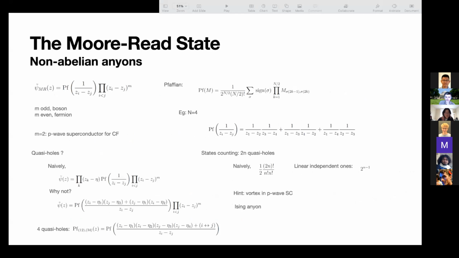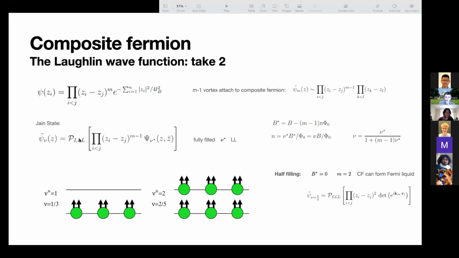Okay, so this Jain sequence is very nice, but it only gives rise to a certain kind of filling fraction, which is with odd denominator.